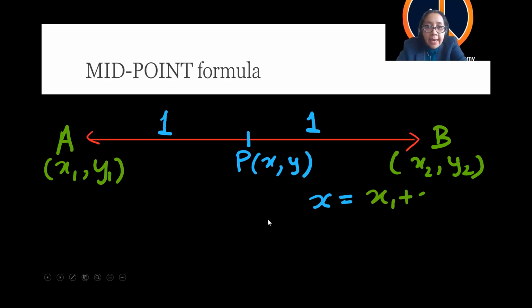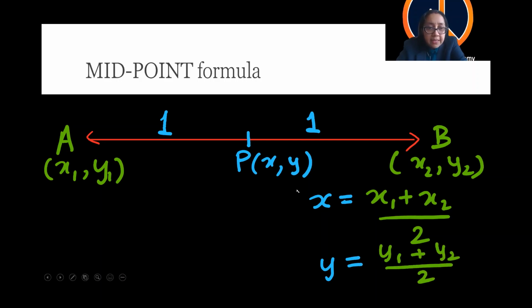So x becomes x1 plus x2 by 2, and the y value becomes y1 plus y2 by 2. Please remember it. If a midpoint question comes, then you are lucky and it becomes easier for you, since m and n are 1 each. So x is x1 plus x2 by 2 and y is y1 plus y2 by 2.